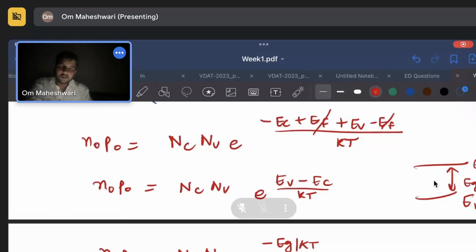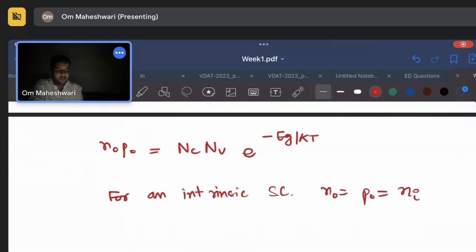Are you guys following? Okay, great. So for intrinsic, we now define the intrinsic carrier concentration. For an intrinsic semiconductor, n0 equals p0 equals, let's call it the intrinsic concentration ni, which is typically 10 to the power 10 per centimeter cube for silicon.